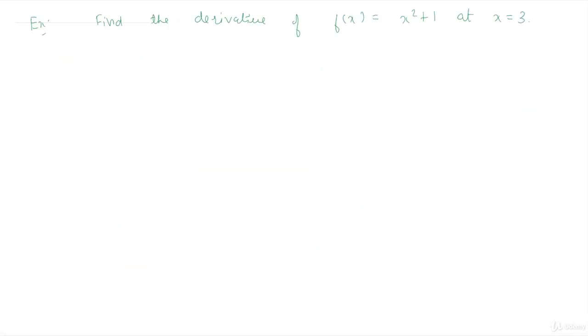So let's go ahead with this. We will write the derivative of f of x at x equal to 3. The notation was f prime x at x equal to 3, or we can write it as f prime 3 also, which is a shortened version of writing this.